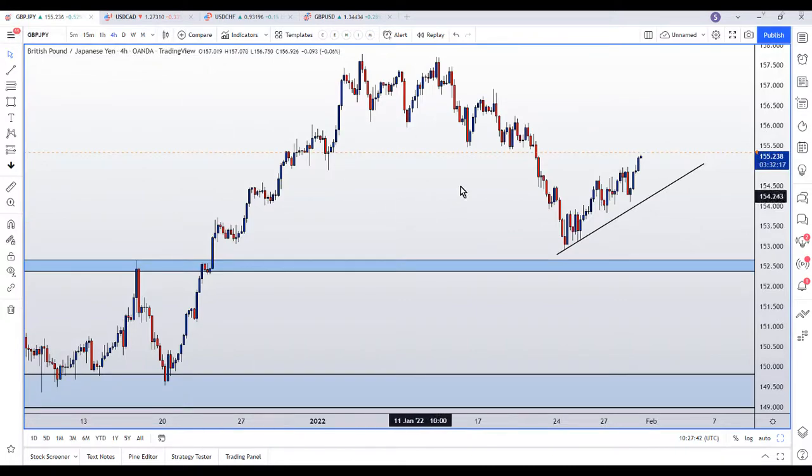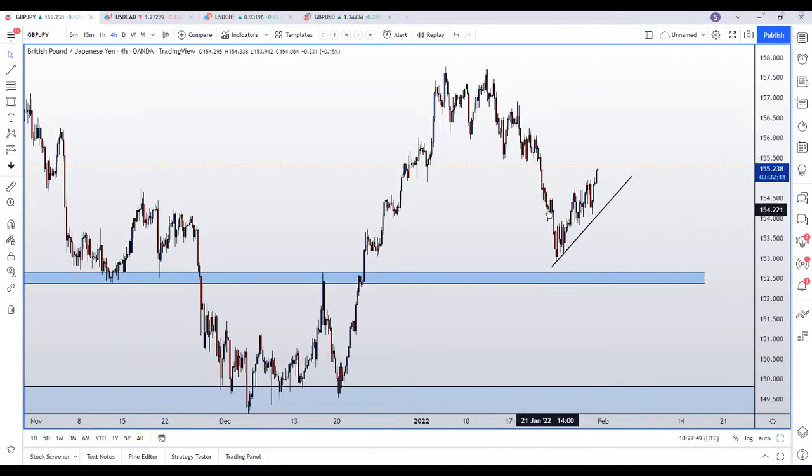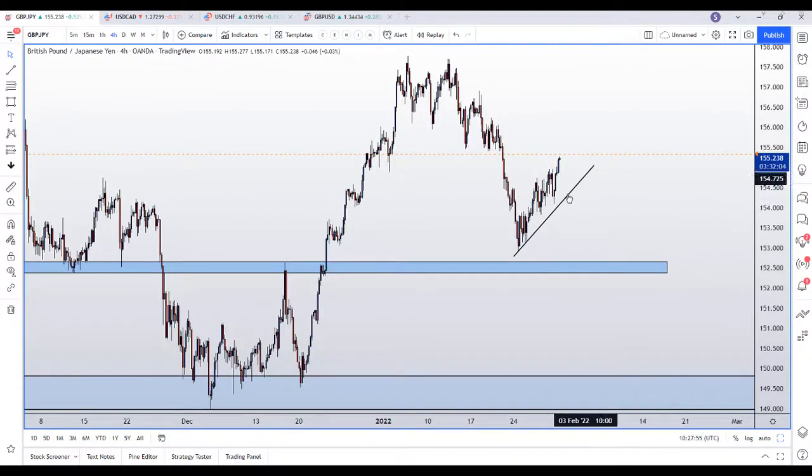Pound yen, similar really. We've got momentum to the downside. Now I'm looking at this as a correction. Okay. CTL, I was talking about CTL, wasn't I? I thought it was on pound, but it's on our cable, but it's on pound yen. This one, we can look for a break of that.